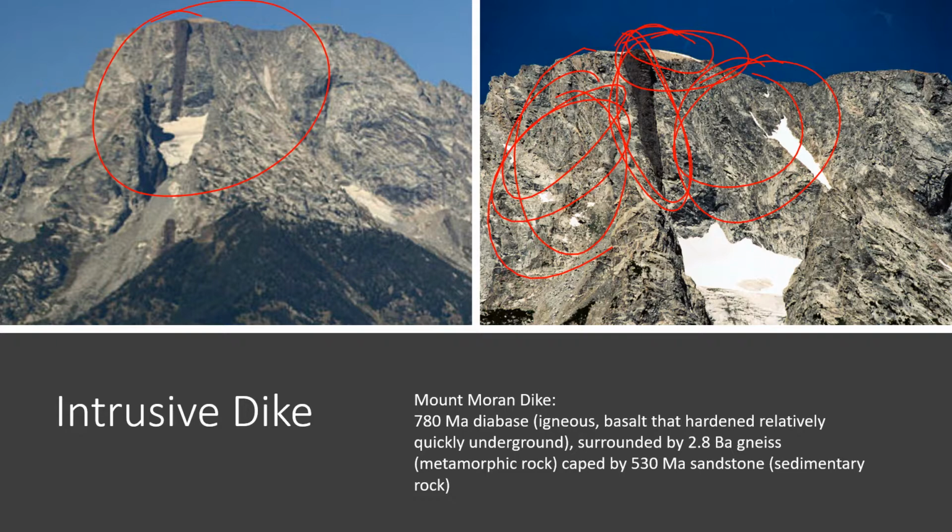It's called an intrusive dike, or a magmatic dike of diabase. That's 780 million years old. And then you have this sandstone cap, which is only 530 million years old, of sedimentary rock. So in this one picture, you have metamorphic rock, igneous rock, and sedimentary rock all in the same place, all of different ages. It's a really cool feature of this mountain.